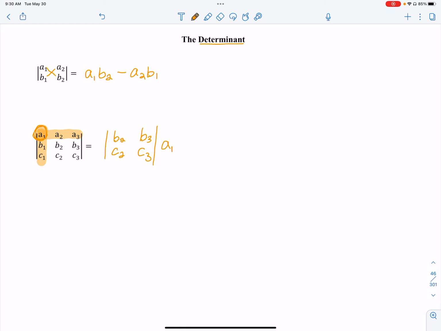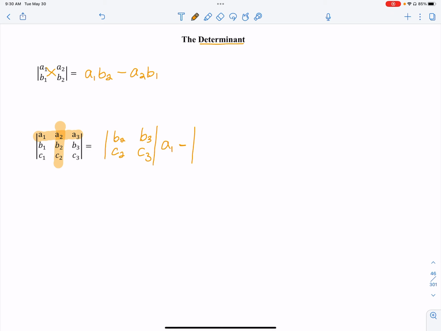All right, so that's the first part. Now we highlight the first row and the second column. This is a part that doesn't make any sense. It'll make sense once you get to linear algebra. This is the part I need you to not forget. We need a minus right there.